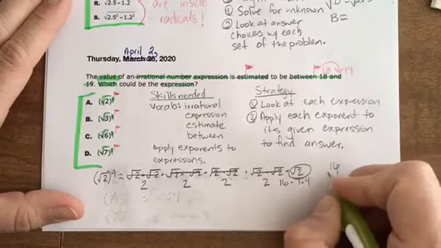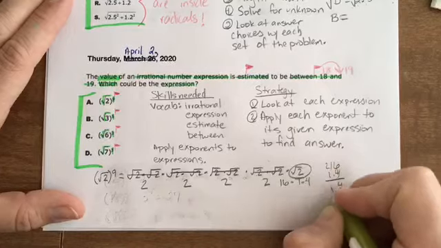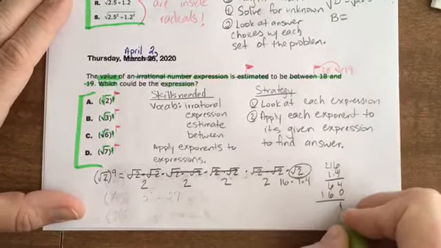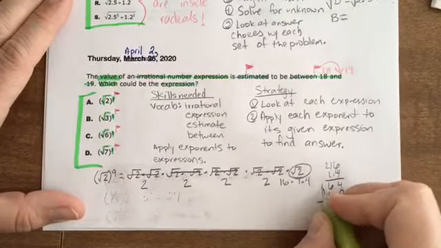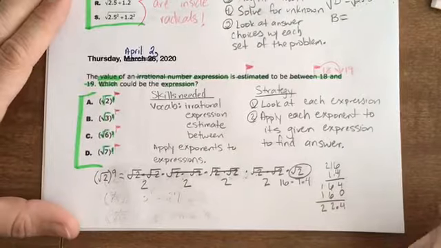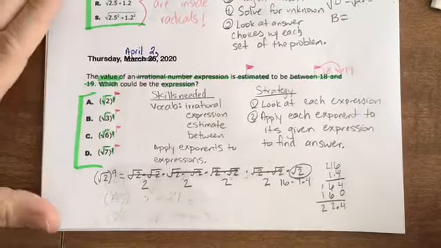So 16 times 1 4/10 is 22 4/10, which is above our allotted zone.